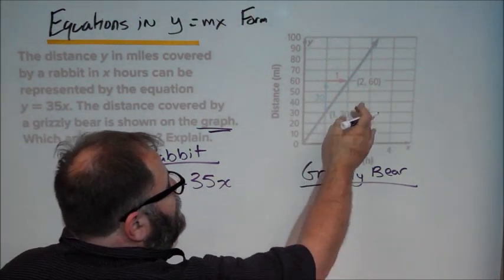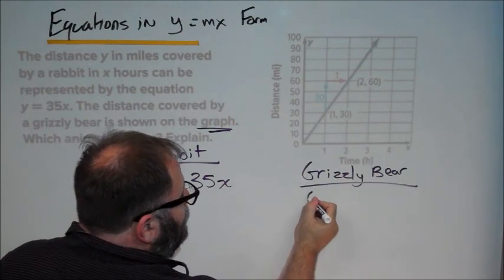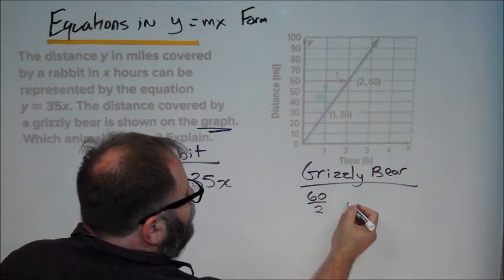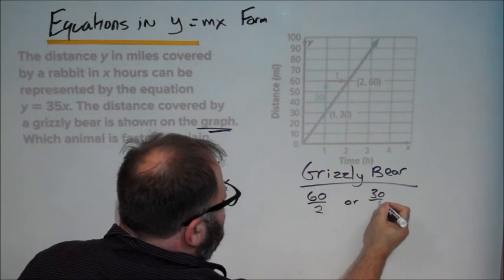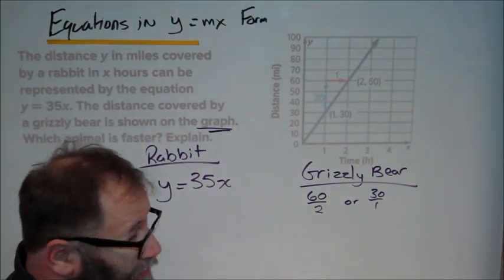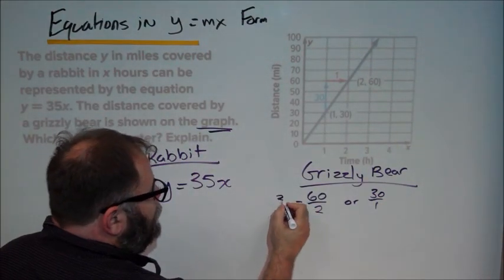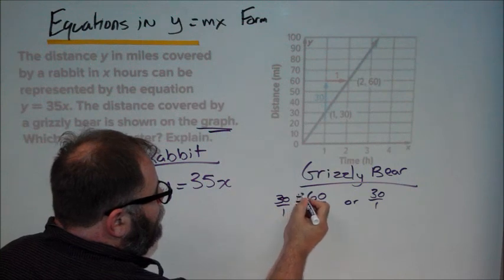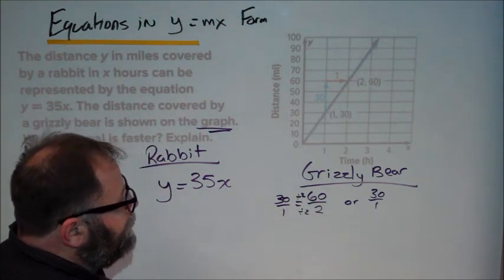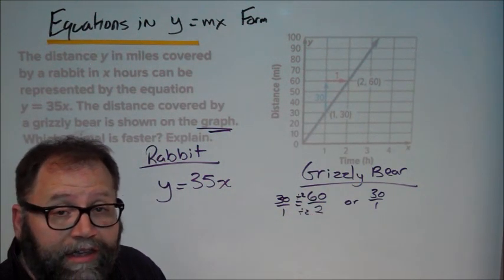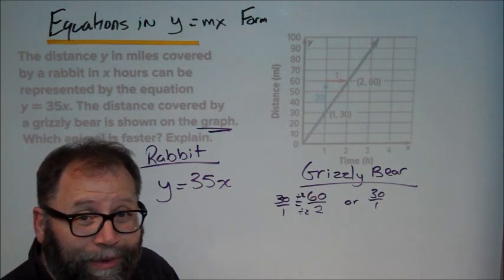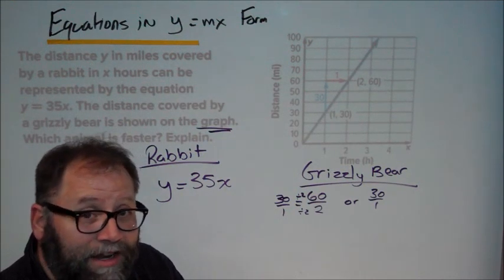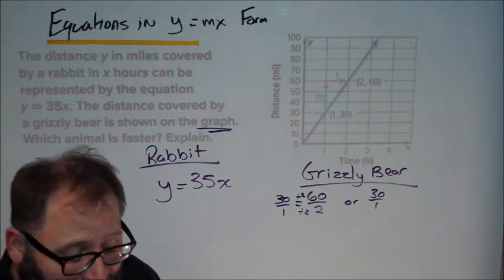So let's just choose 60 over 2. We could use 30 over 1. 60 over 2 becomes 30 over 1 when we divide both by 2. So we have a slope, a constant of proportionality, but let's just call it a slope.